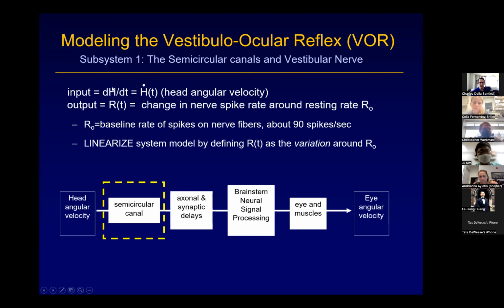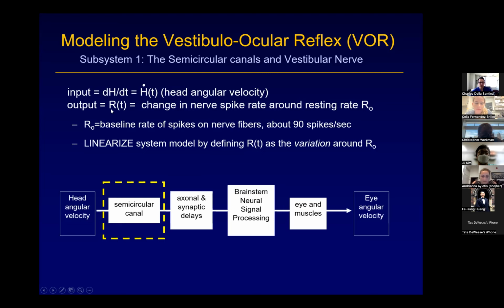So if h is your head angular position at a given time, and dh/dt is the time derivative of that, which is head angular velocity, he uses the notation of putting a dot over it. So h dot would be the derivative of head angular position as a function of time, which is angular velocity. So we're just going to call that velocity.